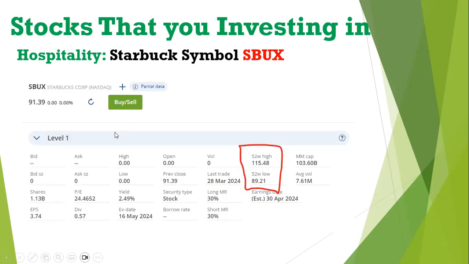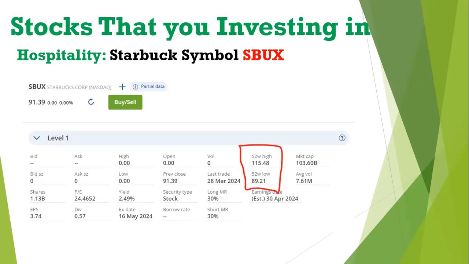And then while we wait for Starbucks to increase in price, we can enjoy getting a dividend of 57 cents per share quarterly when we are invested in Starbucks. So when you look here, if you buy it at 89.21 when the price was here, at some point you can enjoy the price of 115.